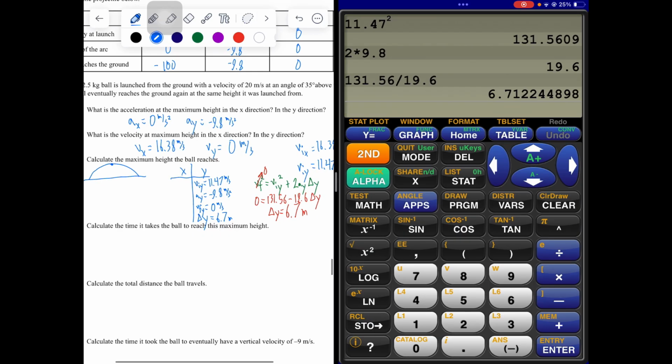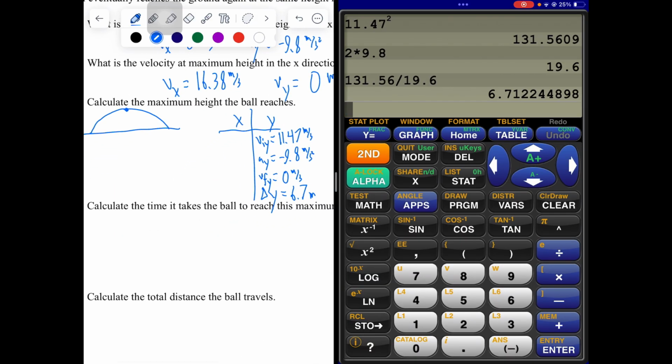Calculate the time it takes to reach this maximum height. Well, now, easiest one to do would be final velocity equals initial plus acceleration times time. Again, this is all in the y direction. Final velocity at the peak is 0. Initial velocity, 11.47. The acceleration is our negative 9.8, multiplying by time.